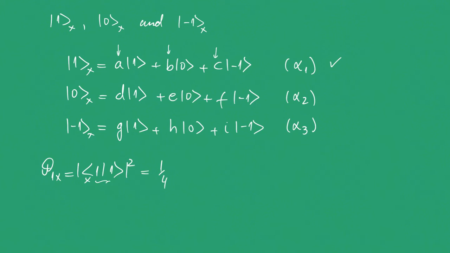So if you calculate this inner product right here, considering this quantum state ket 1 subscript x, and take the modulus squared of it and set it equal to 1/4, you will end up with a equals 1/2. The same for the other input states.